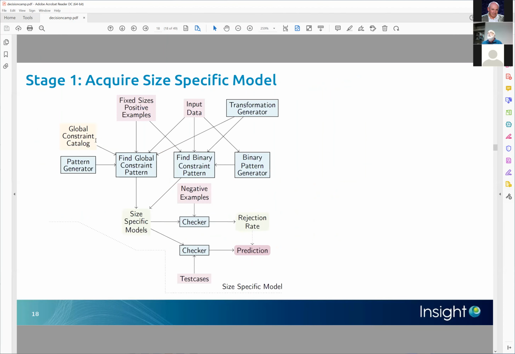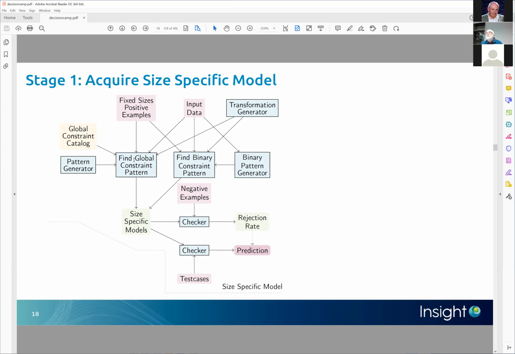So what we try first is to acquire a size-specific model. For this, we are basically using the examples, the input data that are given here, and we have a pattern generator that looks at possible patterns of applying constraints, and the constraints come from the global constraint catalog, which is a searchable electronic catalog of all the constraints that people have defined in the past.